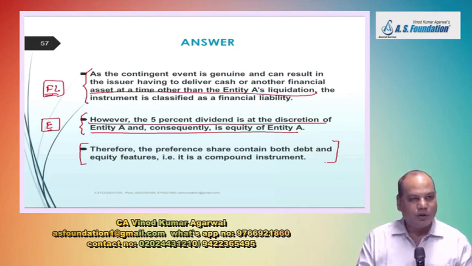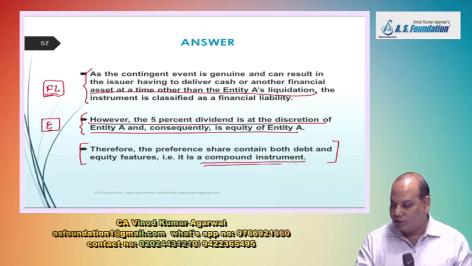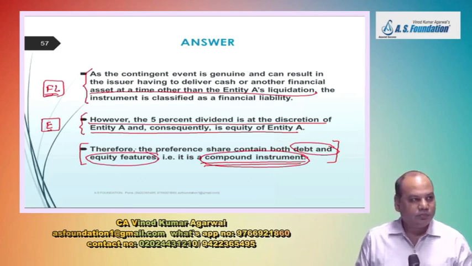That is, it is a compound instrument. About compound instrument will come in the next page in detail. For the time being, it means an instrument which has both debt and equity features. But the next 10-15 pages are compound instrument only.